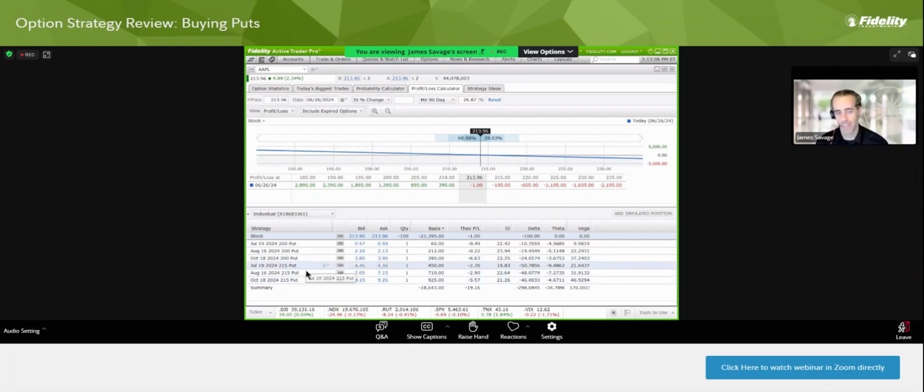Kind of an interesting thing to think about, right? We could buy all the way until October, June to July, August, September, October, just shy of 4 months, for less money than a contract that's expiring in about 3.5 weeks. But of course, we need Apple to move quite a bit.